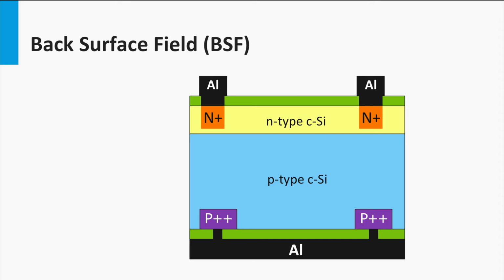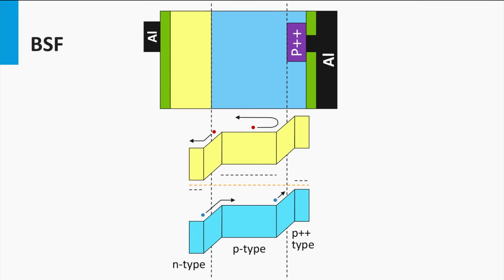How does the back surface field work? For the moment we have put the solar cell on its side. Below the solar cell you see the band diagram indicating the various interfaces. The interface between the lower doped P region and the higher doped P region acts like a p-n junction.